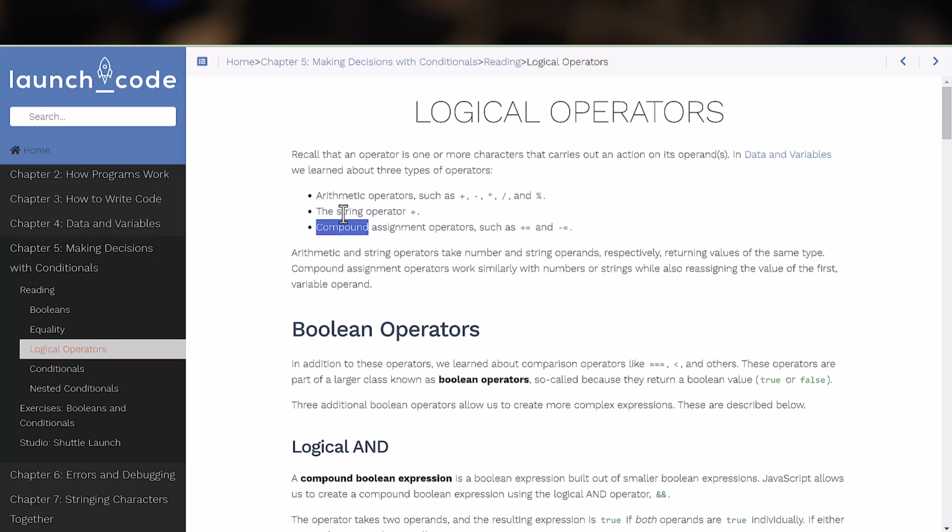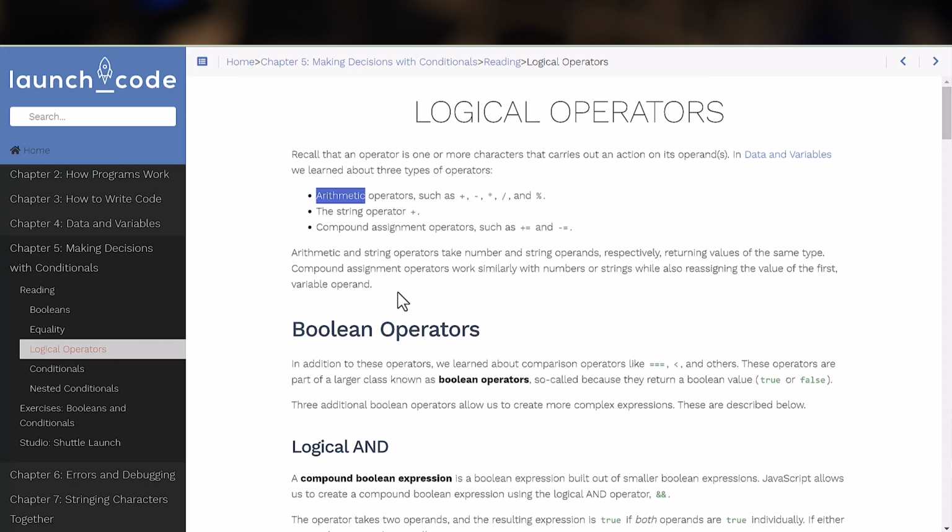In the data variables, we learned about three types of operators: the arithmetic operators, such as plus, minus, multiplication, division, and modulus; the string operator, which is the plus sign; and the compound assignment operators, such as plus equal or minus equal. You've got to remember these words and understand these terminologies, because it will come back later. We will drill you on it. So what is a compound assignment operator? What is a string operator? Take some time to go back and review.